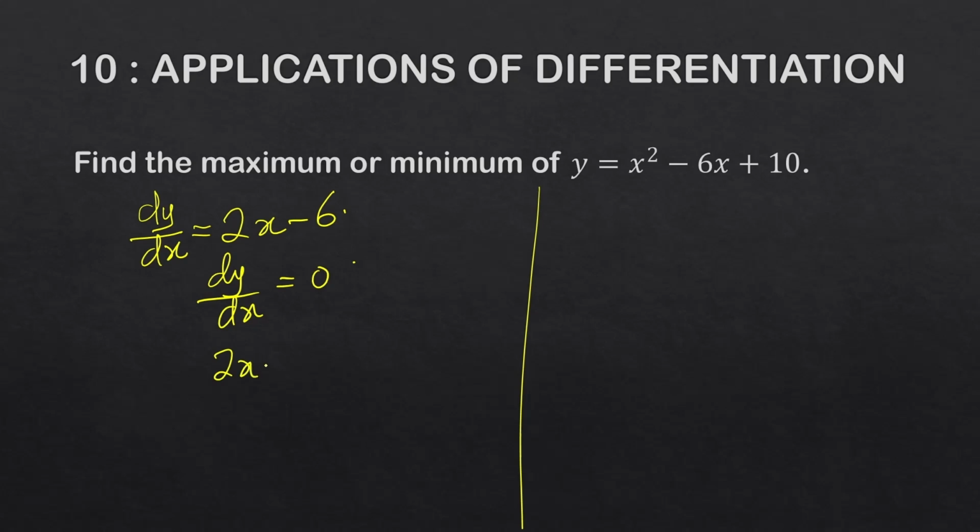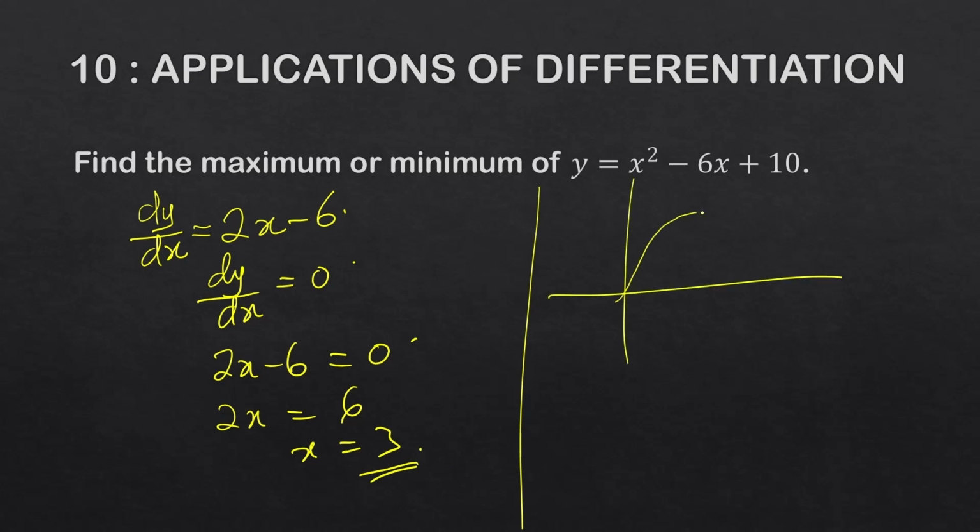So I have 2x minus 6 equal to 0. Therefore, 2x is equal to 6. So x is 3. So x is 3 at that point, whether it's maximum or minimum. What I'm saying is, if this is the graph and it is actually maximum, this will be 3. Or if the curve was actually like this, then this place will also be 3.